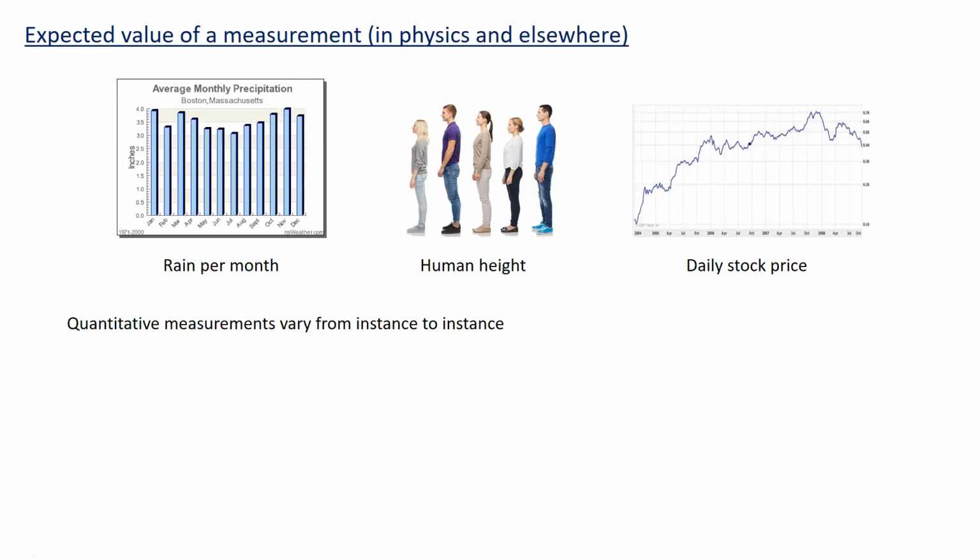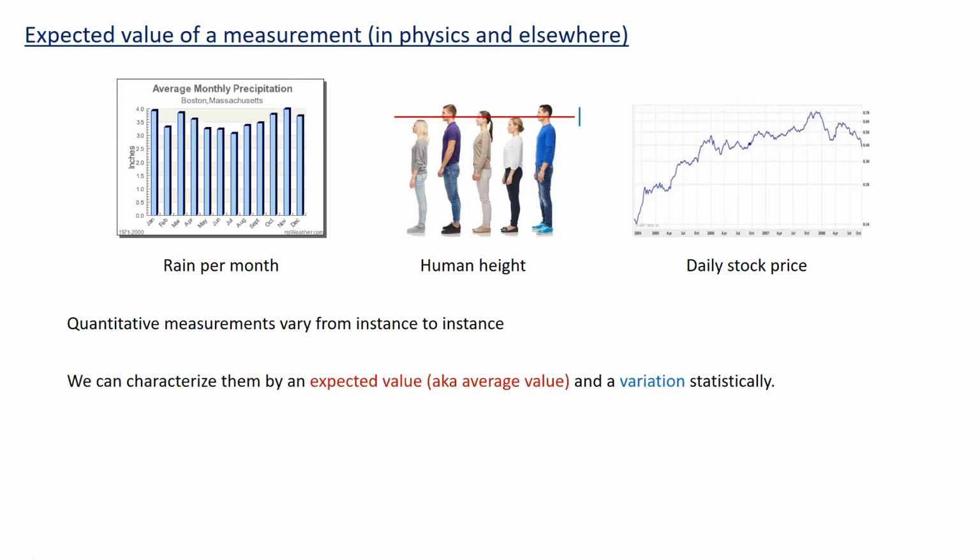As I said, quantitative measurements vary from instance to instance, and we characterize them by both an expected value, an average value, which is indicated by this red bar here for these 5 individuals about their average or expected height, and also a variation, how far they range around the average value.